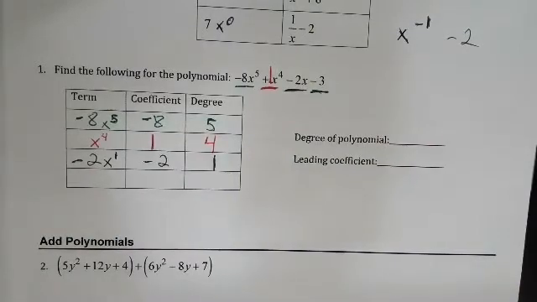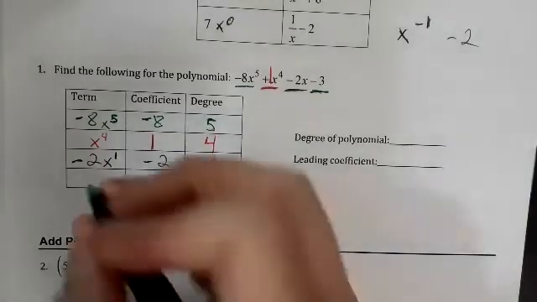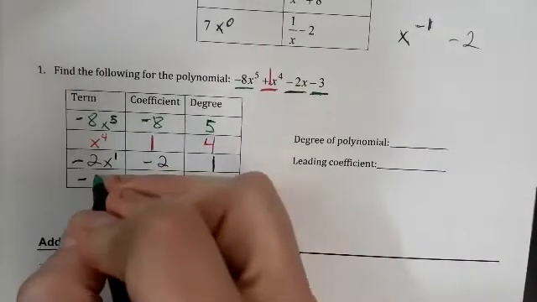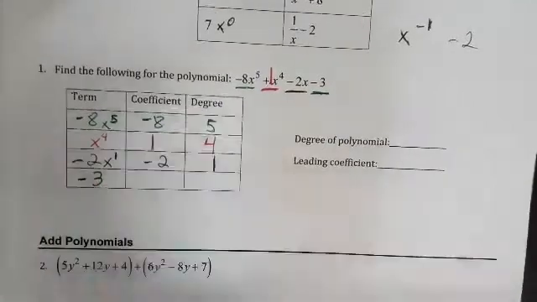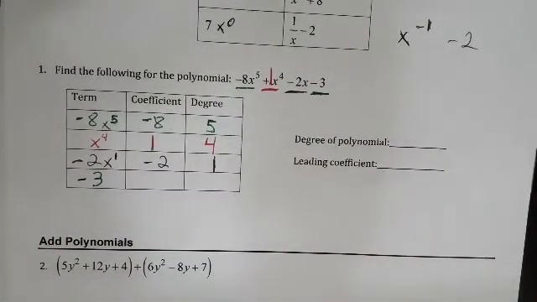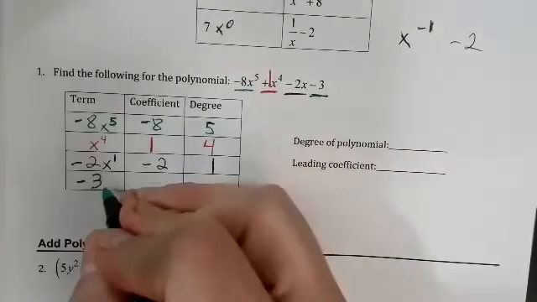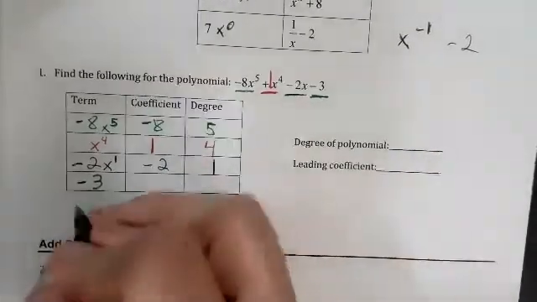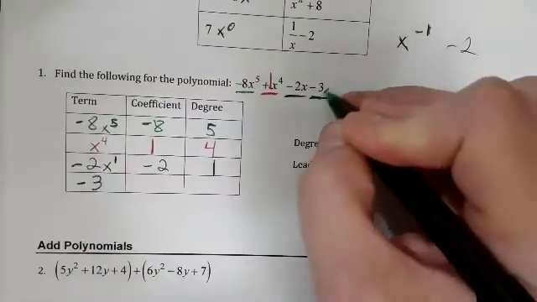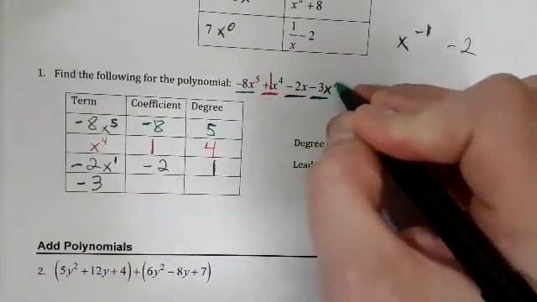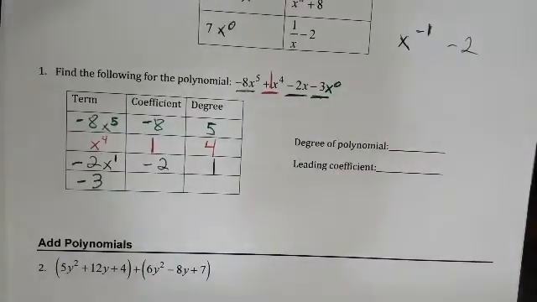And the last term I have in this polynomial is a minus 3. My coefficient here, and this is that thing I said, right? If I don't see it, I'll write an x to the 0. There are no x's on there.